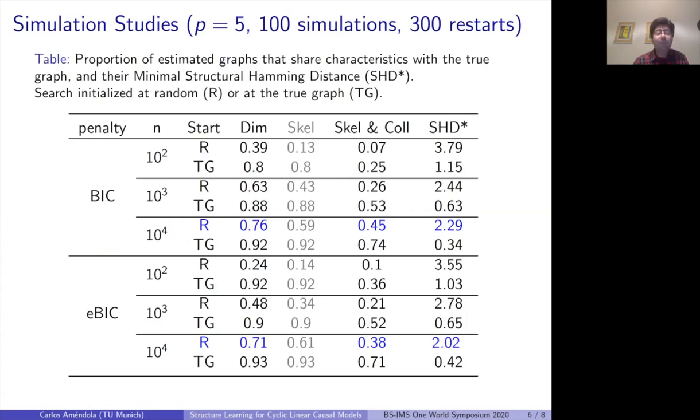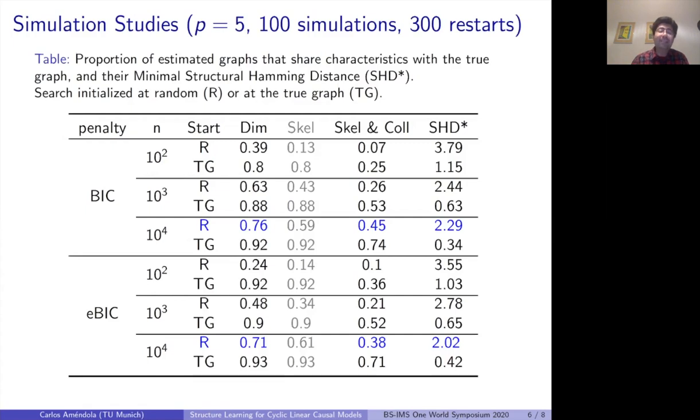Likewise, the proportion of obtained graphs with same skeleton and collider triples is a lower bound. We use different sample sizes. For n equals 10,000 samples, the true proportion of obtained distributional equivalent graphs to the true one ranges from around 0.4 to around 0.7, as highlighted.